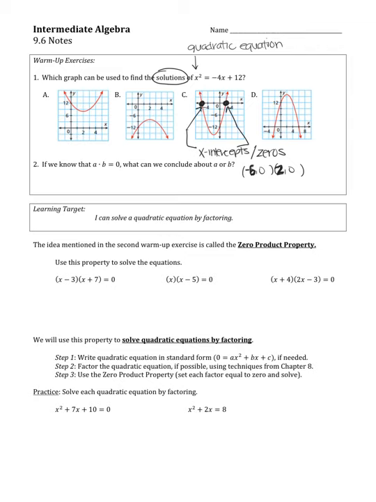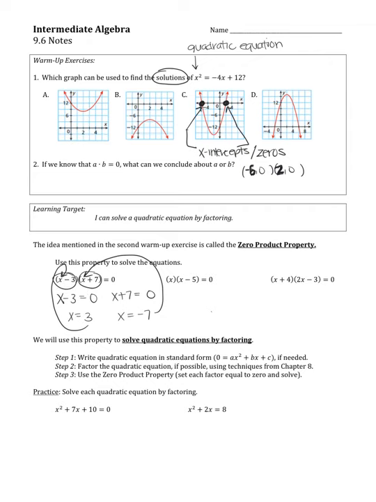And last time we talked about how if we set x minus 3 equal to 0, the first part, or x plus 7 equal to 0, the second part, we can solve for x very easily and determine the values for x that will make this equation true. Those values are also the places where that parabola, when graphed, will cross the x-axis.